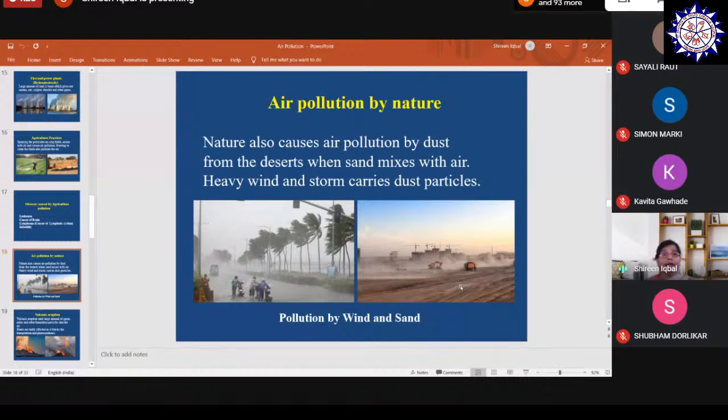और जब ये sand particle अगर आँख में चला जाता है तो it causes irritation in the eyes.